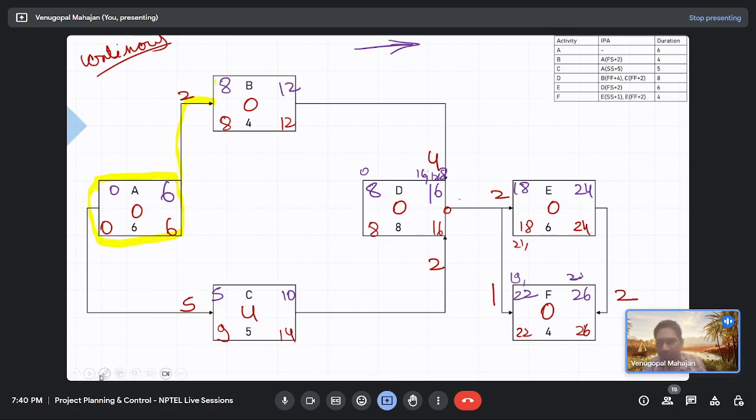Or before it, let's calculate the relationship float. Yeah, 8 minus 6 minus 2, 0. 16 minus 12 minus 4, 0. 16 minus 10 minus 2, that would be the case, na? 4.